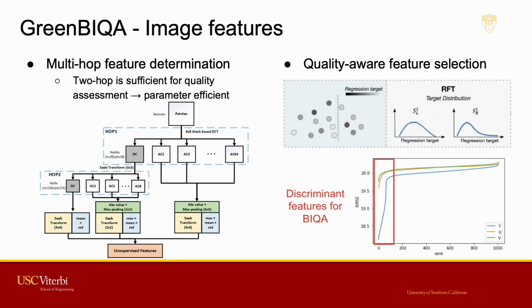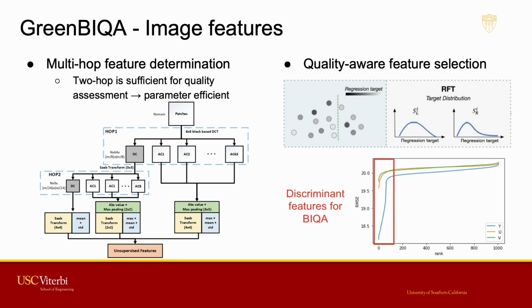And for the feature extraction, we consider 2 stages. The first stage is a discrete cosine transform that's widely used in compression. So we have a DC and we have AC coefficients for each local image block. So that gives you some kind of the feeling of the textures of a small window.